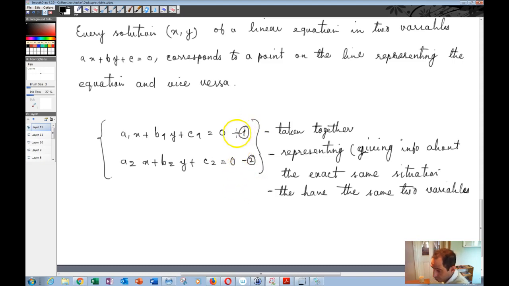So if you have two linear equations in two variables that are taken together, giving information about the exact same situation, and I'll tell you in a minute what I mean by this second point, and they have the exact same two variables, that system is called a pair of linear equations in two variables.